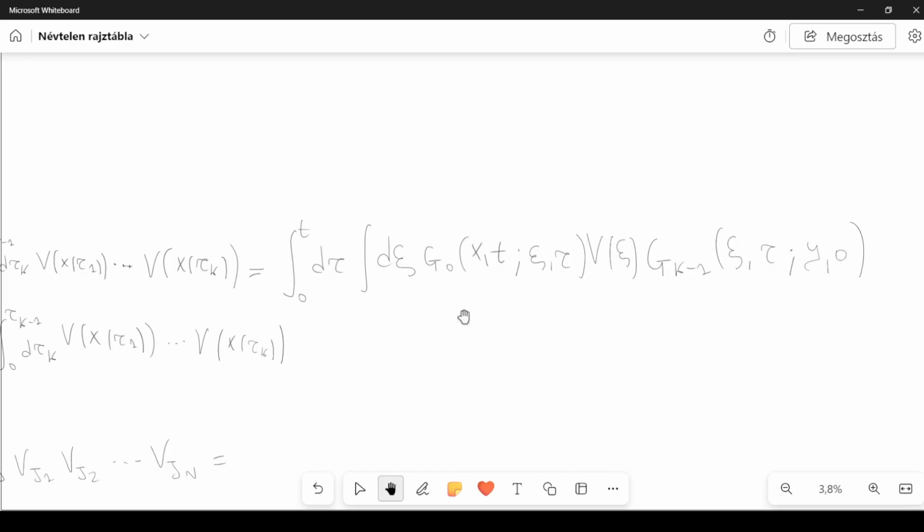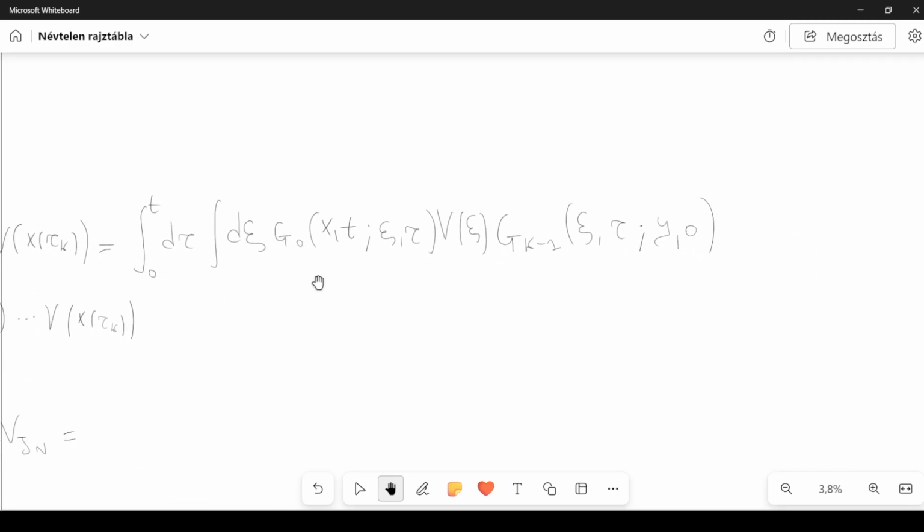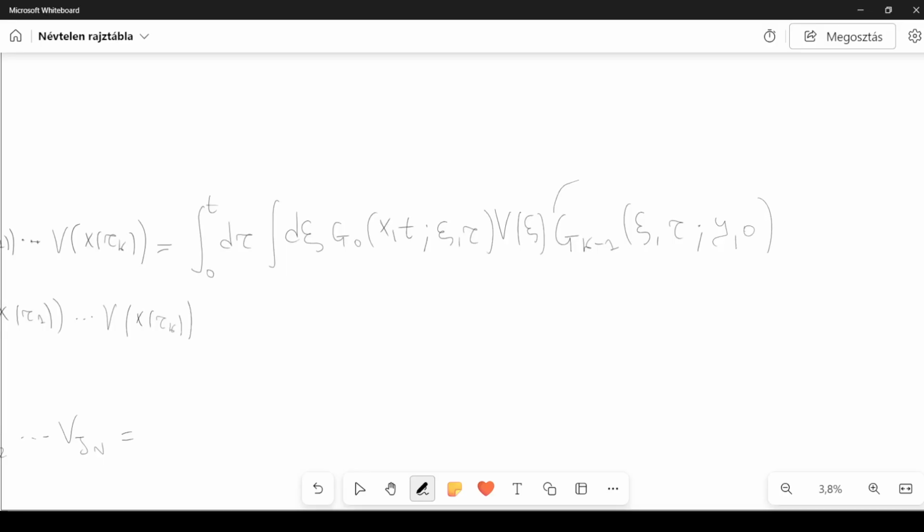So this is quite formal, but it can be explained quite easily because g sub k minus 1 contains k minus 1 such terms, the terms related to the potential. So there are k minus 1 potentials in here, and therefore this function explains k minus 1 interactions at k minus 1 different points, but after that you have another interaction at the final point here, so at the point xi, and in principle this differential could also depend on time.